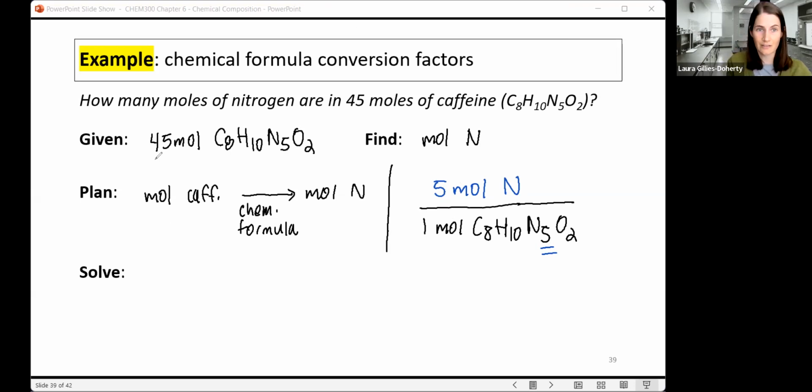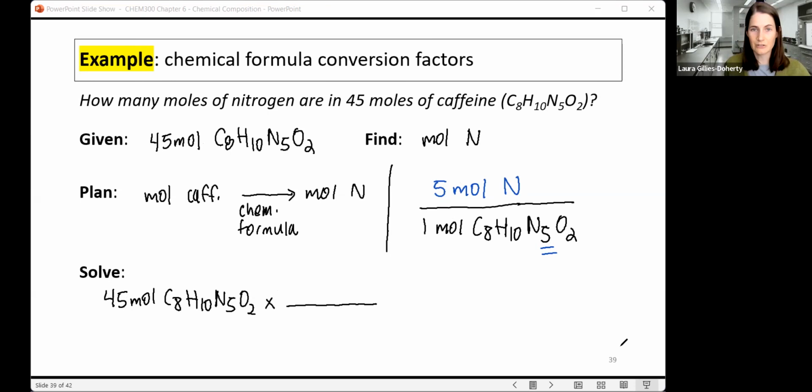So now if we go to solve this problem, we're going to start with our given 45 moles of caffeine, C8H10N5O2. We're going to use our conversion factor that we derived from the chemical formula. For every 1 mole of our whole molecule, caffeine, C8H10N5O2, there's 5 moles of nitrogen.